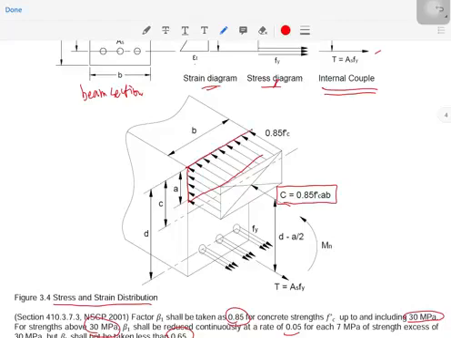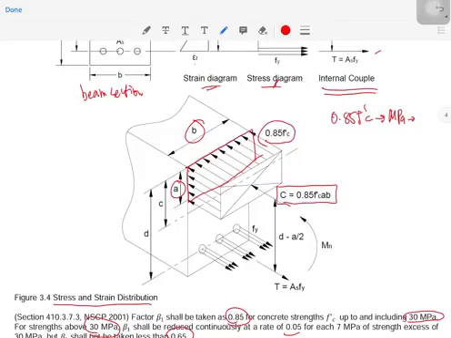So that is the rectangular area here, guys. I think you're familiar with area and pressure from your statics. So this is the area a times b, then multiplied with 0.85 f'c to have a force. Say, for example, 0.85 f'c is in MPa.